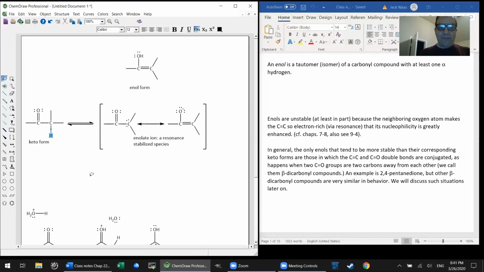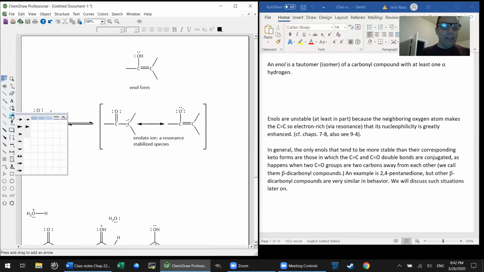So any sufficiently strong base can do that, and we'll discuss later on what sorts of bases tend to do that for us. So in this direction, we're losing a proton, and in this direction, we're putting the proton back on. In fact, we're putting it back on onto the carbon.